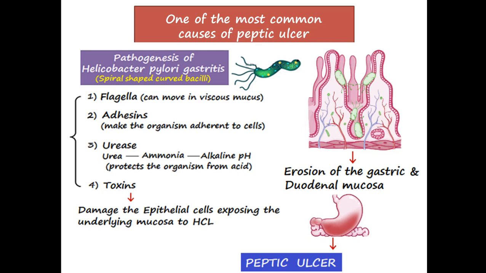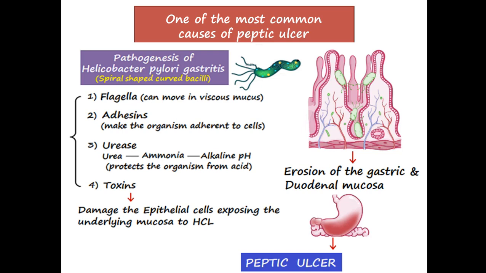Now coming to Helicobacter pylori, what are Helicobacter pylori? The Helicobacter pylori are gram-negative bacilli. They are spiral shaped or curved shaped, and they have some weapons to destroy the gastric mucosa. But here I want to mention one thing: about half of the world population, if we examine, have Helicobacter pylori in their stomach.